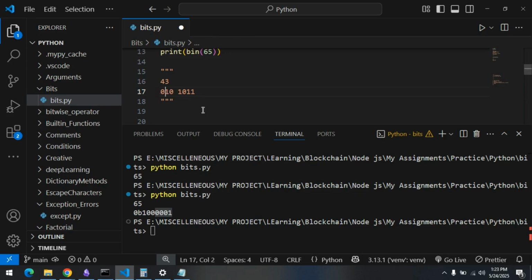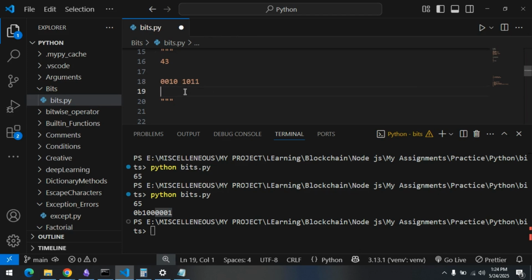So the sixth number is 2 raised to the power of 5, which is 32. So 32 plus 8 is 40, 40 plus 2 is 42, 42 plus 1 is 43.